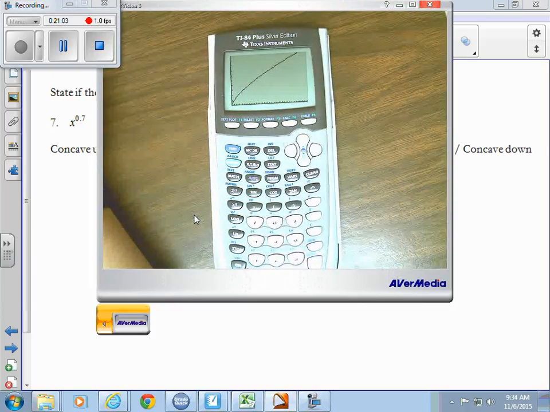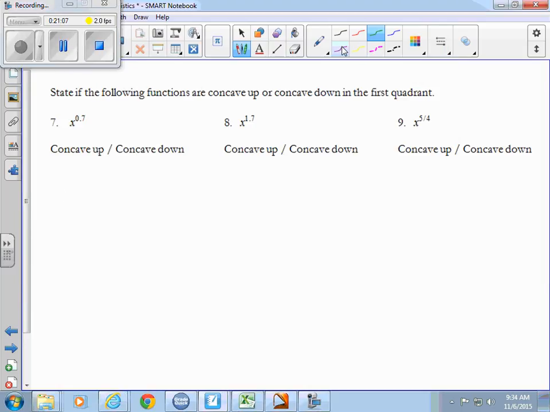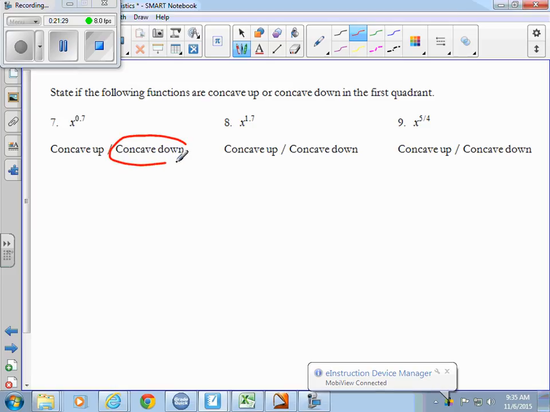So that's concave down in the first quadrant. Let's look at the next one.